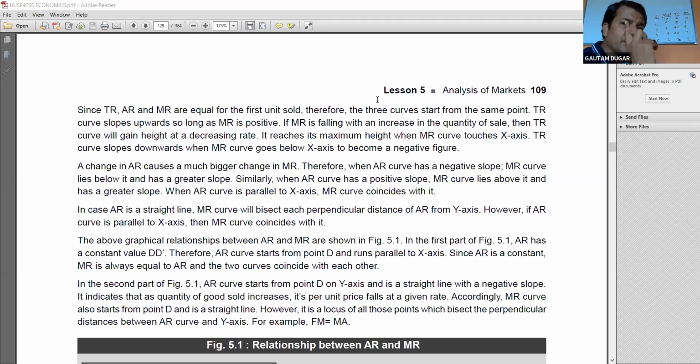Only for the first unit will they be the same. But other than that, at every level, if you put it in a graphical mode, what do you get? The MR curve will lie below the AR curve. And this holds in any imperfect competition, in monopolistic, where there is monopoly everywhere.